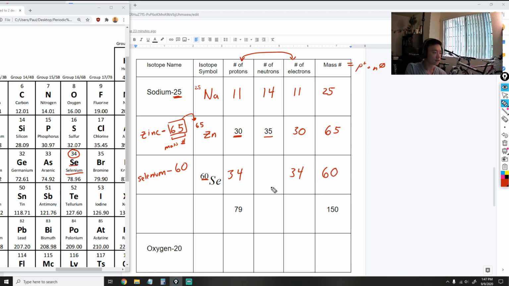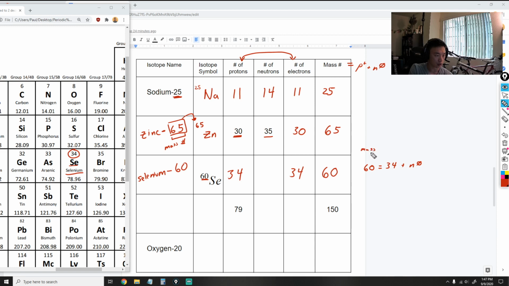All right, the last thing to find is the number of neutrons. So what we're going to do is use this formula. The mass number is protons plus neutrons. So we're going to write 60, because that's the mass number, is equal to the number of protons, 34, plus the number of neutrons, which is what we're looking for.